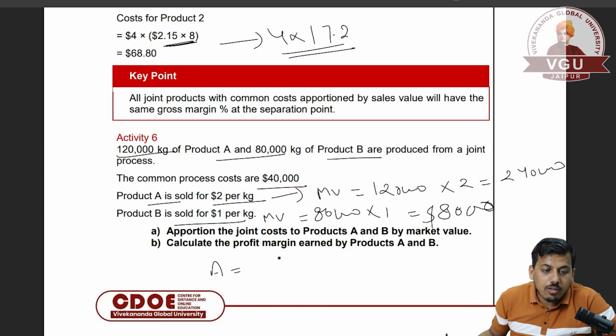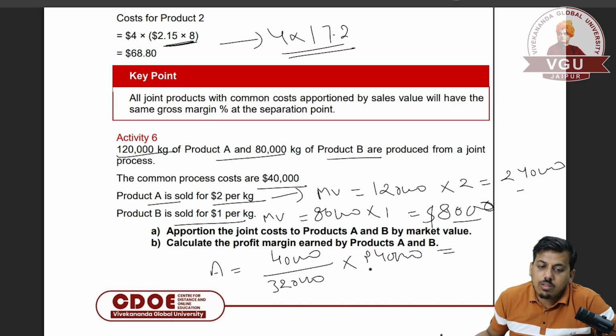I am just calculating it here. For product A, total cost, that is 40,000, divided by total market value 2,40,000 plus 80,000, so it is 3,20,000. Multiply by 2,40,000, the market value of product A, so it is 30,000.